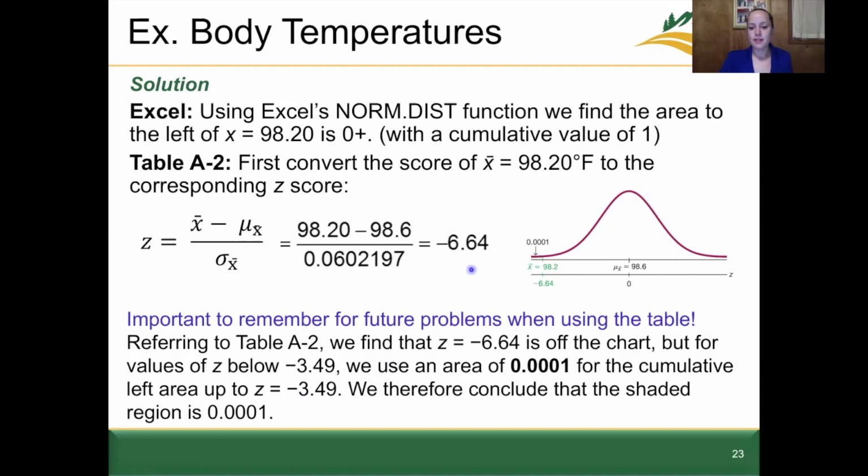Okay, so we got our z-score. We had to calculate that first. We know that with such a small z-score, we can really think of that area as 0.0001. Because we do want this cumulative area from the left, that is our answer right there. 0.0001 is our area, our probability.